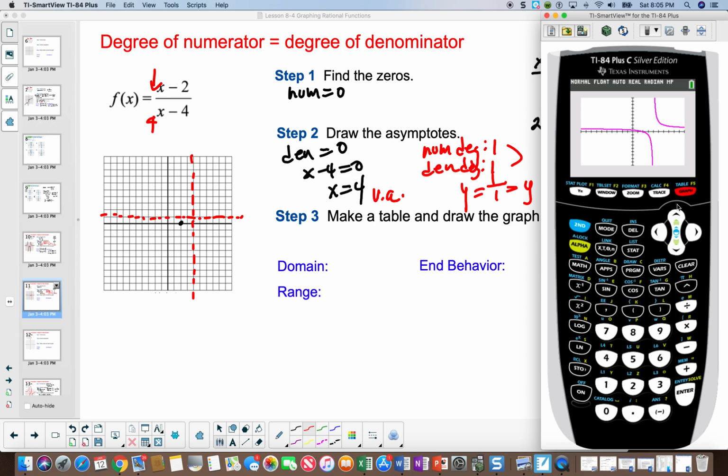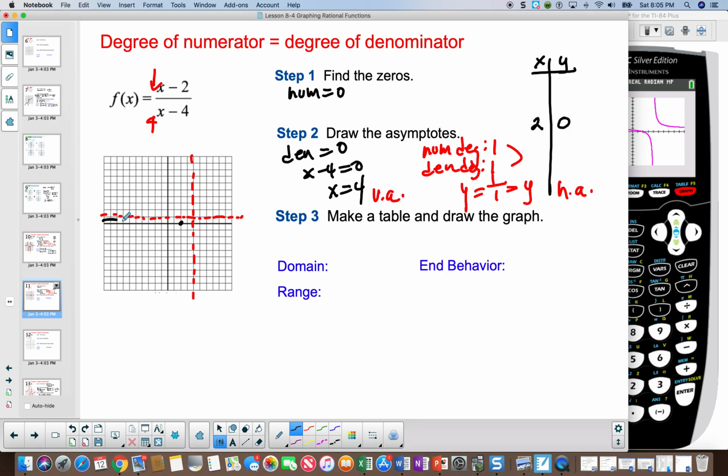And so what the graph wants to do is it wants to follow this asymptote and then go down and then follow this vertical asymptote and then follow the horizontal. So the domain is x such that x cannot equal 4. And the y value we cannot equal is this horizontal asymptote, which is 1.